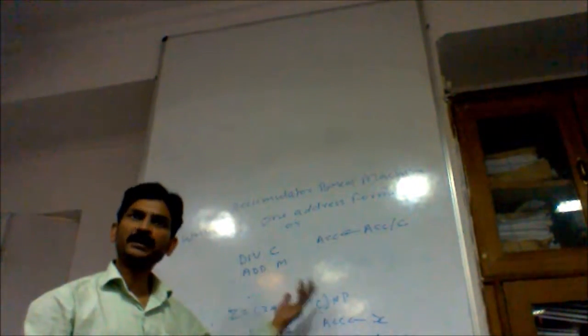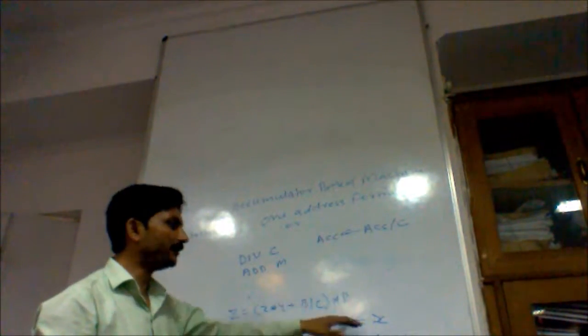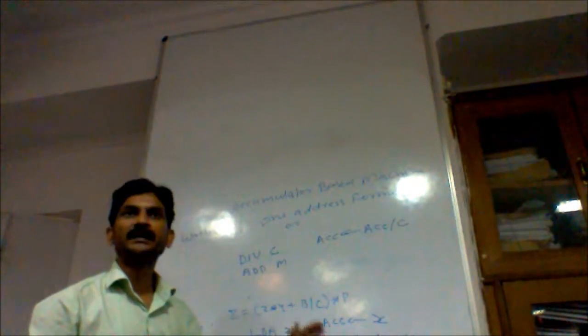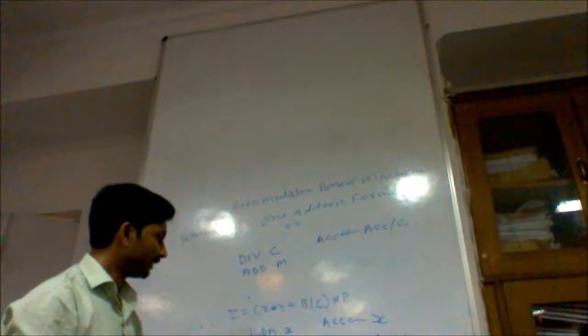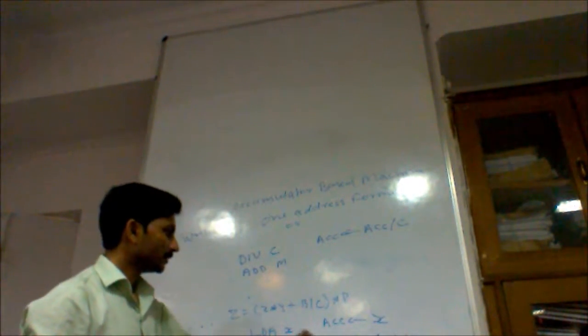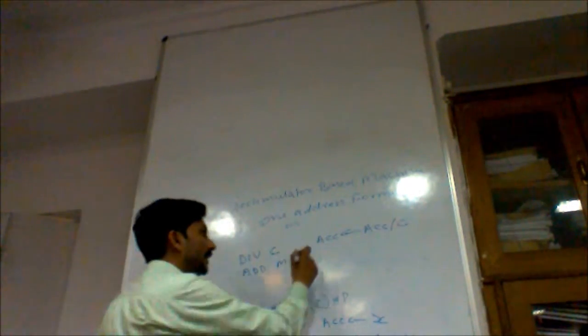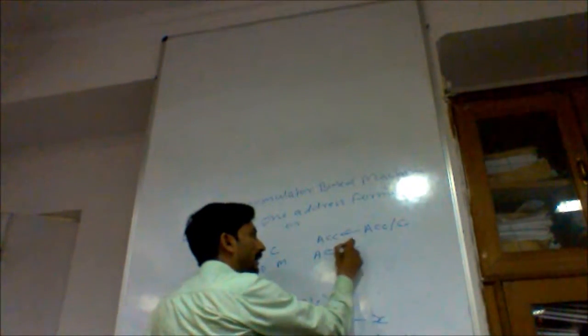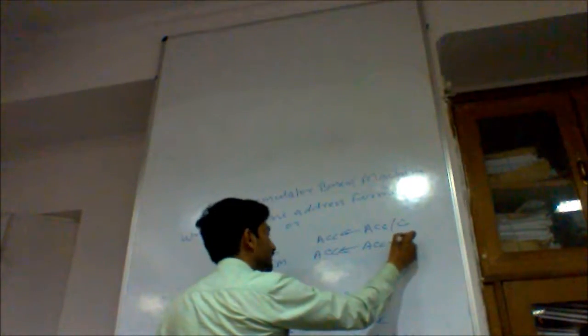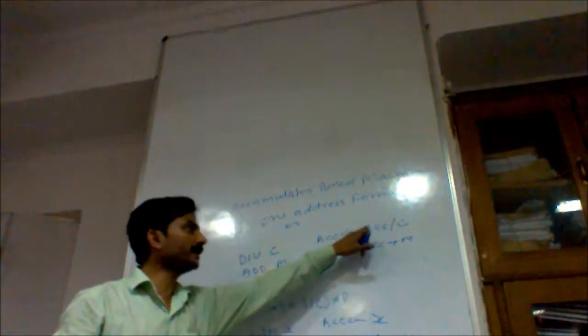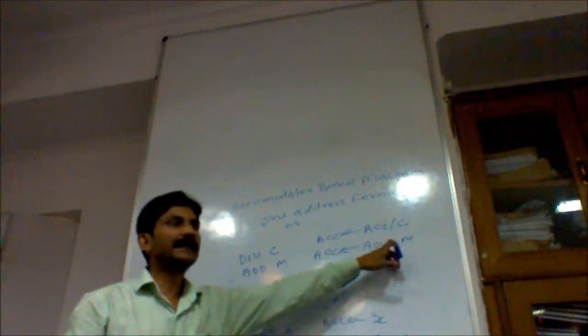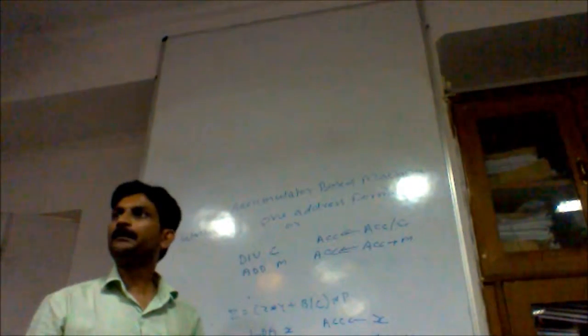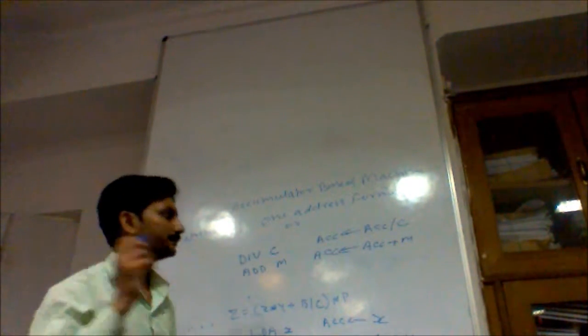Right now, it is possible to add the content of B divided by C plus x into y, and x into y is stored in M. So add M means accumulator, which holds B by C, is added to M. M is x into y.